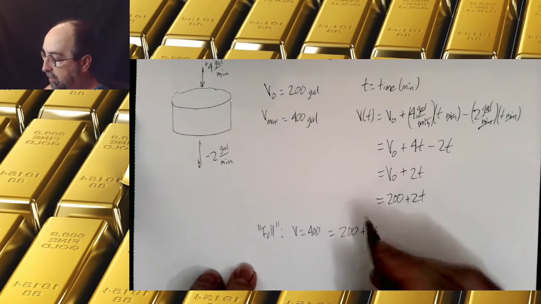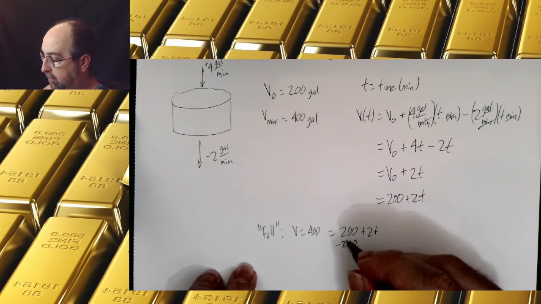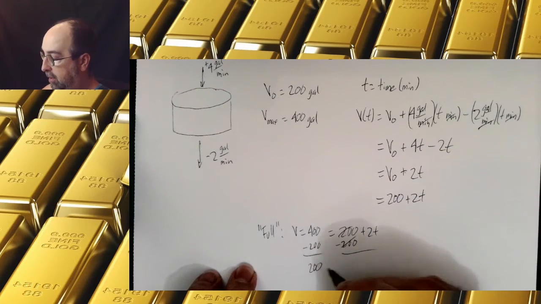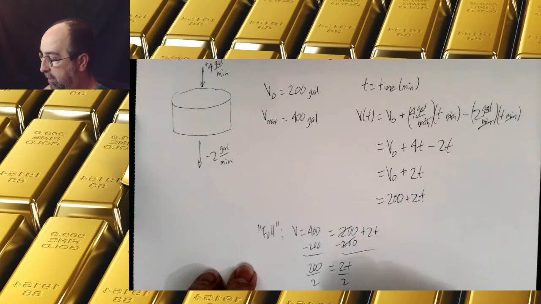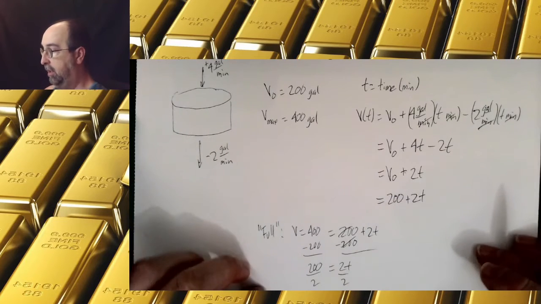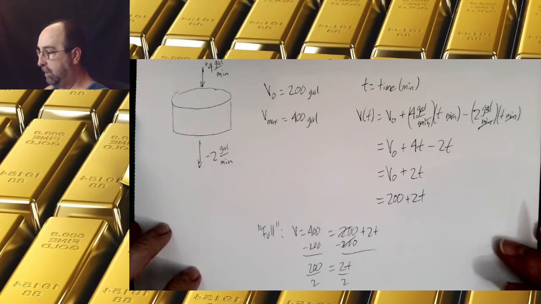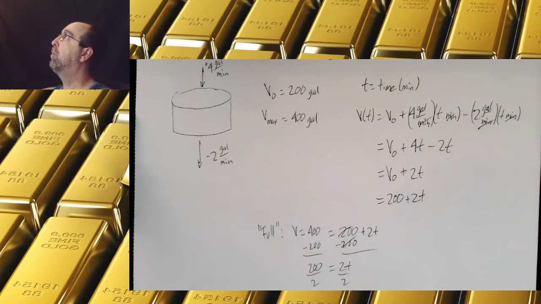So if we try to solve here, we can minus 200 from both sides. We get 200 is equal to 2T. So if we divide by 2, T is equal to 100 minutes. So I've already used up a lot of paper, not even getting to the differential equations part.